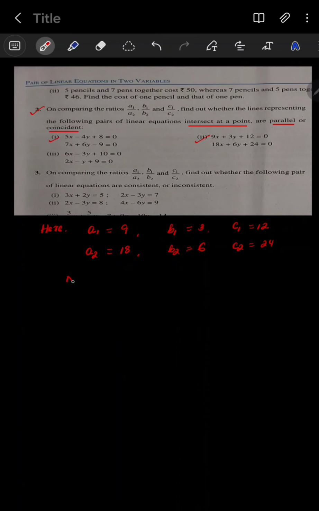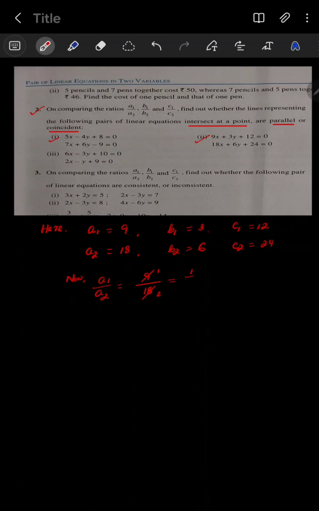First of all, we will find a1 by a2. If you put the values, the a1 value is 9 and the a2 value is 18. Both 9 and 18 are divisible by 9. If you divide by 9, 9 goes one time and 18 goes 2 times.